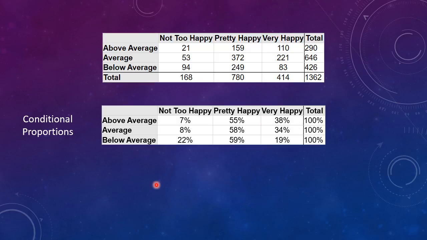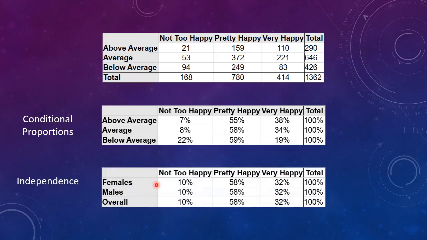Looking at the table of conditional proportions, we could tell that the two variables were independent if the conditional proportions were the same for each row. Each set of conditional proportions, the rows of the contingency table, was a conditional distribution for the happiness variable. And if the two variables were independent, then all the conditional distributions were the same. No matter what level of income you had, you'd have the same conditional distribution of happiness if they were independent.